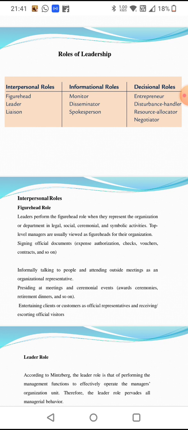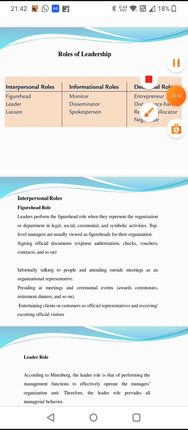But in a few organizations, the leaders have to do this kind of propaganda work themselves, right? So again, it depends from organization to organization, but in general, the leaders have to be spokesperson either in front of the customers, clients, stakeholders, or in front of their employees, subordinates, or juniors as well, right?